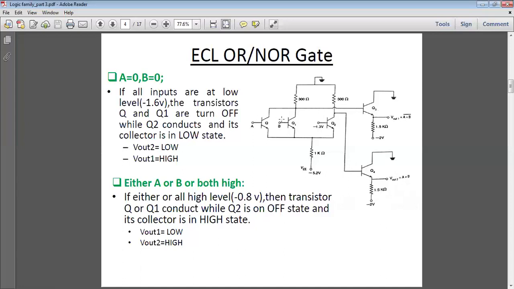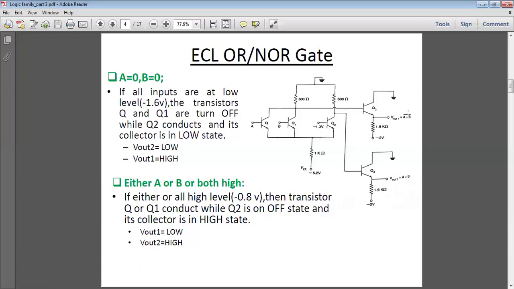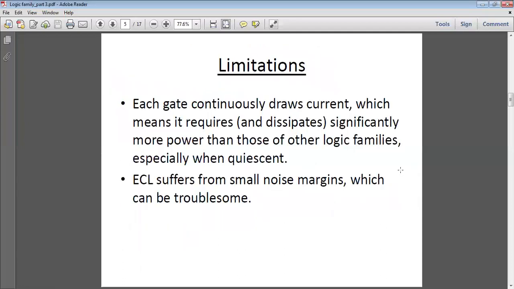So if any one is high, 01 or 10, Vout1 will be low and Vout2 is high. So Vout1 acts as a NOR gate, and Vout2 acts as an OR.